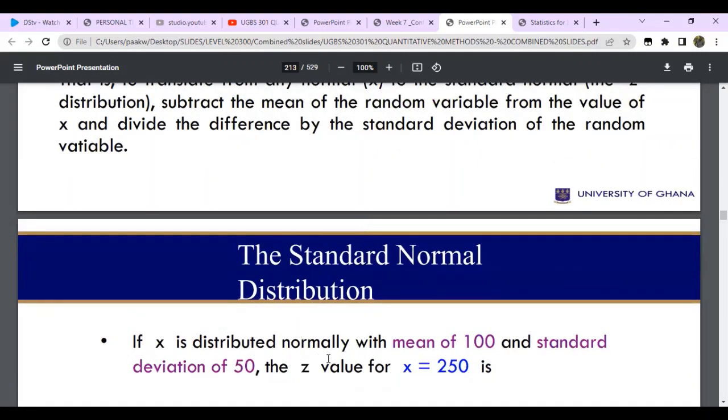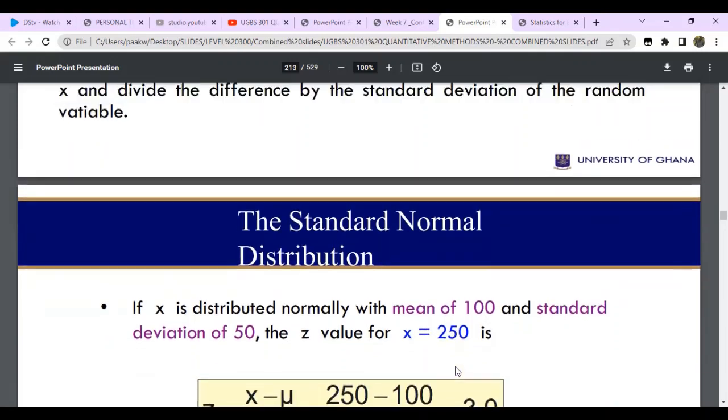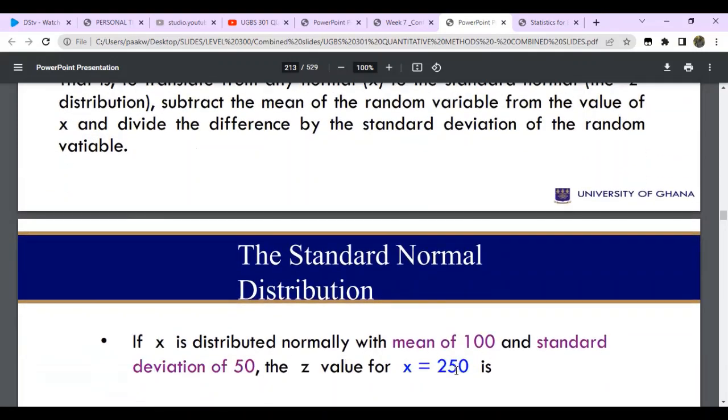So this is a question. Let's take a look at it. If X is distributed normally with mean of 100 and standard deviation of 50, the Z value for X equal to 250 is what? So they are asking us to standardize this particular one. How do we standardize? You subtract your mean from your X, and you divide the difference by the standard deviation.